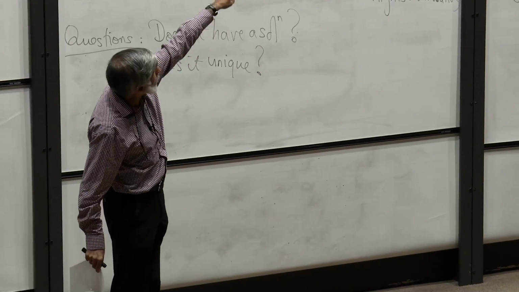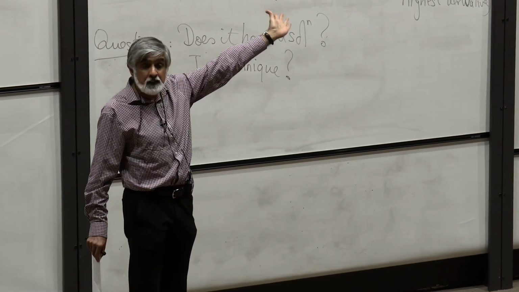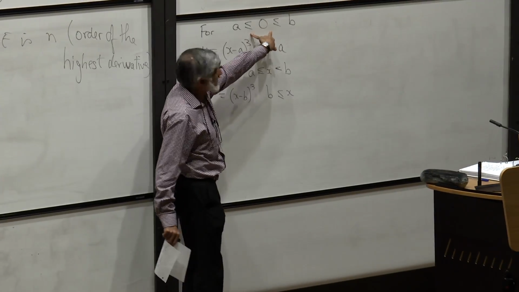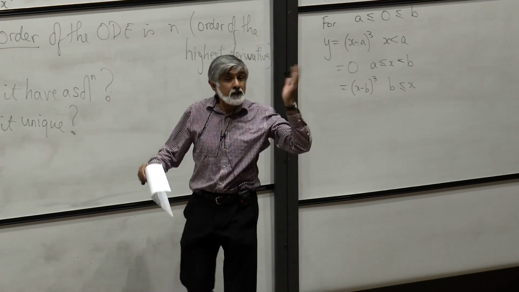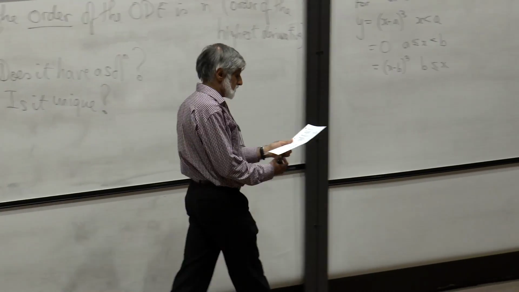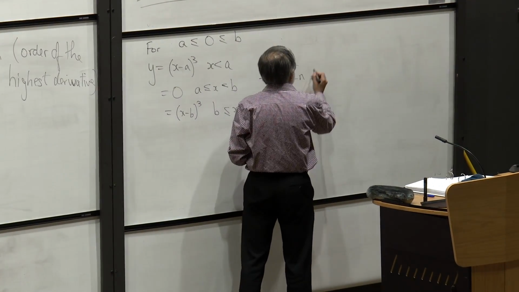So you can talk about dy by dx. But now a and b within these conditions can be anything. So you've got an infinite number of solutions. Okay? So infinite number of solutions.